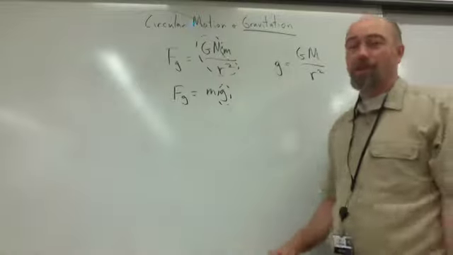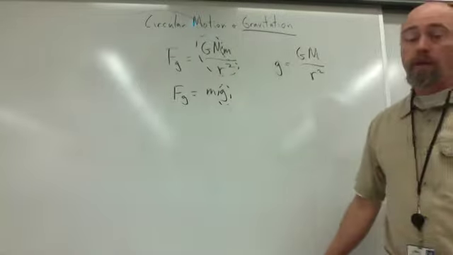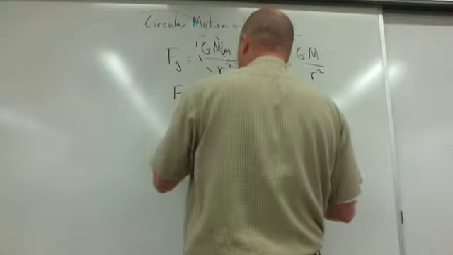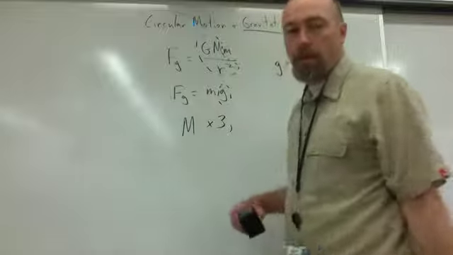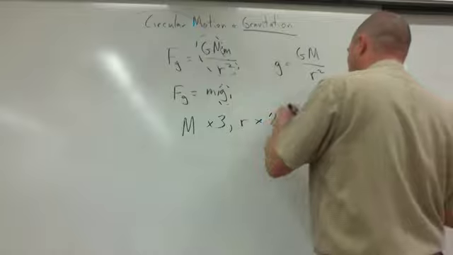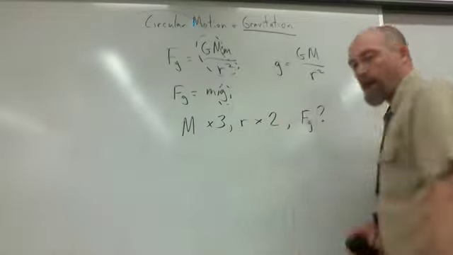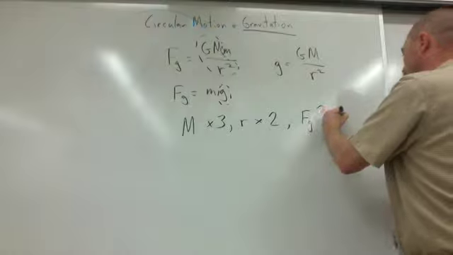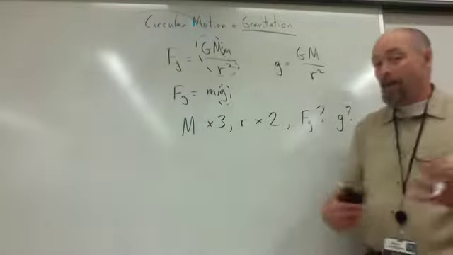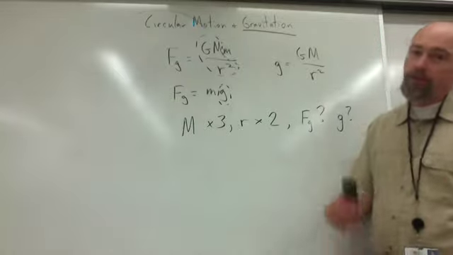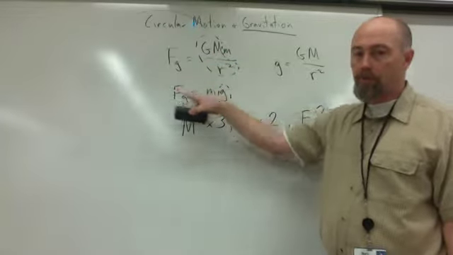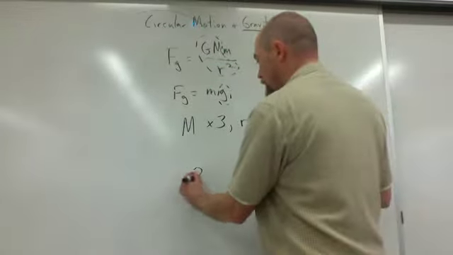We had problems like this, where it's like, hey, if the mass of the Earth was tripled and the radius of the Earth was doubled, what would happen to your force of gravity, or what would happen to g? Those type of questions. And this is just a proportional reasoning thing, and however you guys solve it, be able to do it. The way I do it is I say, if you look at my equation, m is proportional to Fg, so it's times 3 as big.